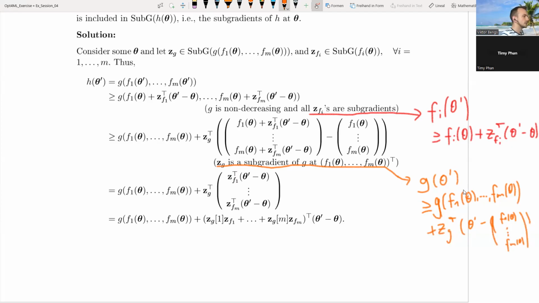And the question is, this is true for every theta prime. Which theta prime do we use here? The theta prime we are using is this one here, the vector, which we also see here.